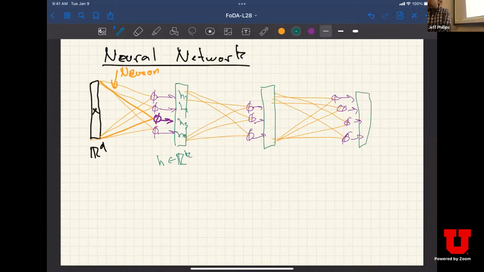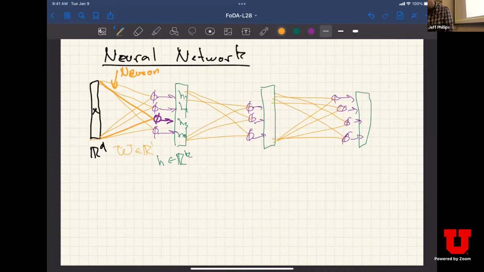All right, so I'm going to call this set of neurons W. Okay, so like uppercase W here, and I'm going to write this as a matrix that's D by K. Actually, let's flip those around.